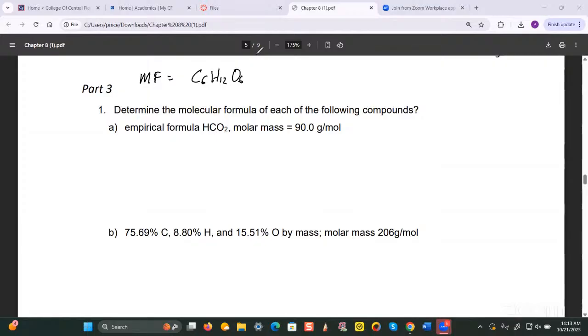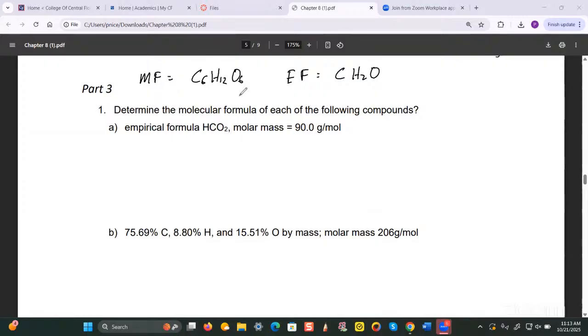What it gives you instead is the ratio of the atoms of the different elements present in the substance. So in the case of glucose, the empirical formula will be equal to CH2O, because what that tells you is that the ratio between carbon to hydrogen to oxygen is 1 to 2 to 1, right? So that's the difference between the empirical formula and the molecular formula.